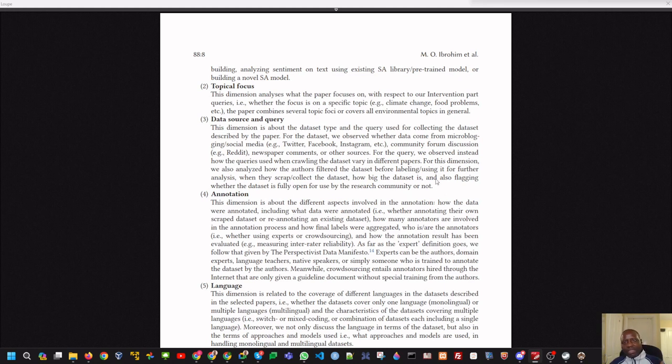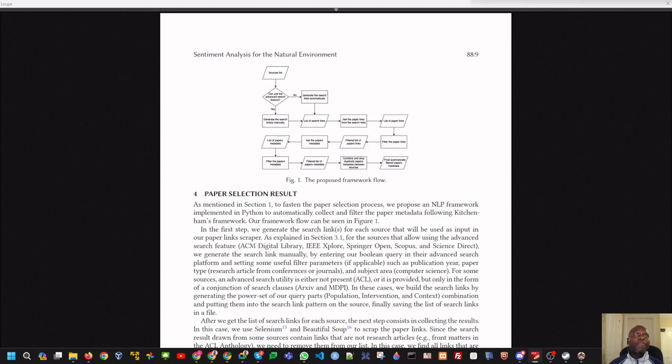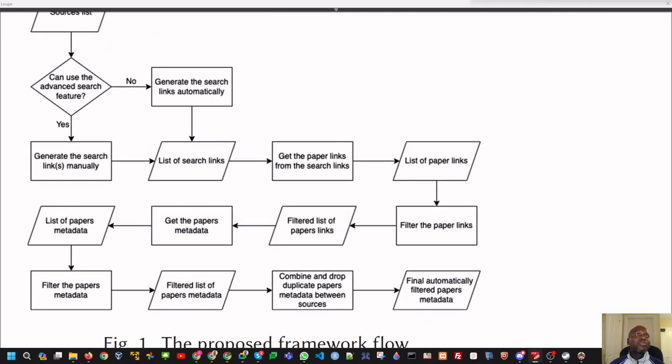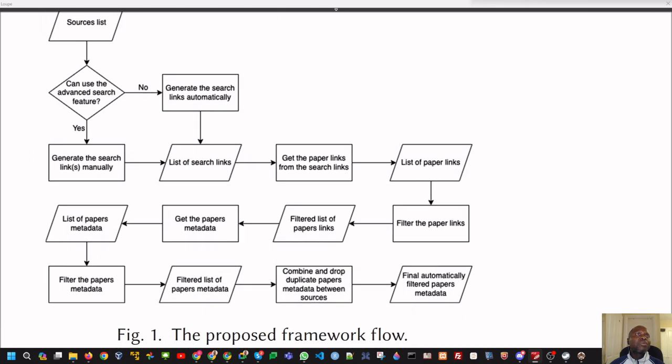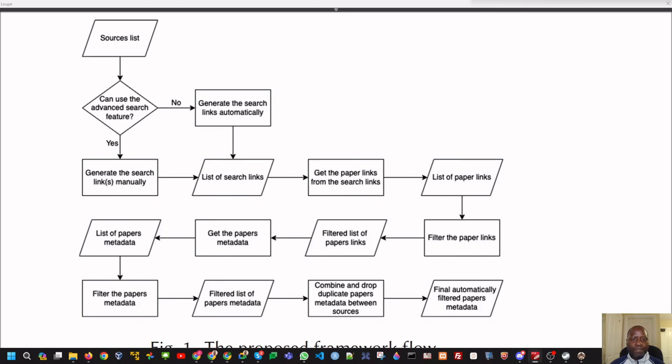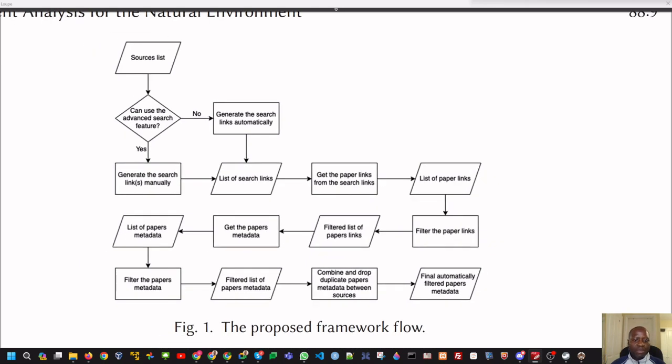Of course, these have particular significance in the whole domain, so it's important to see that. So they're still explaining the methodology, and here they give us a diagram, just to show you more closely what it says.